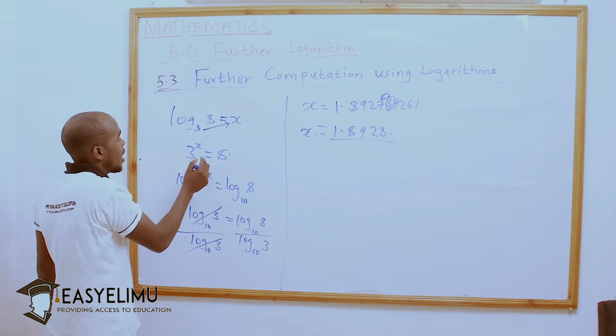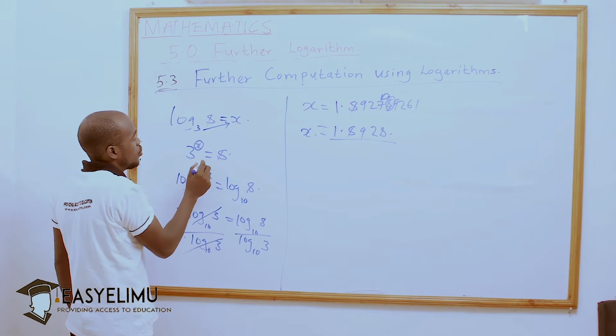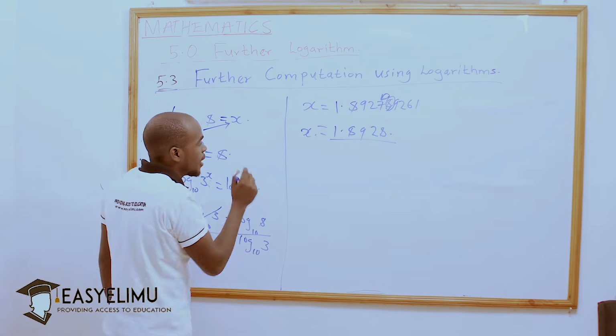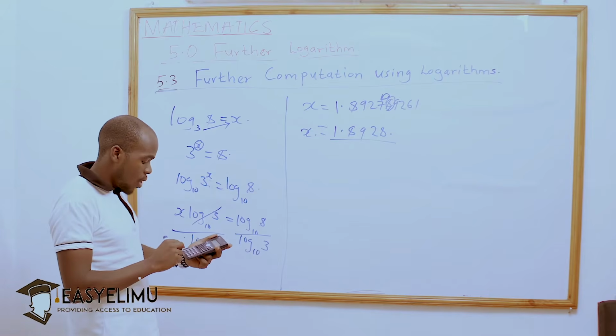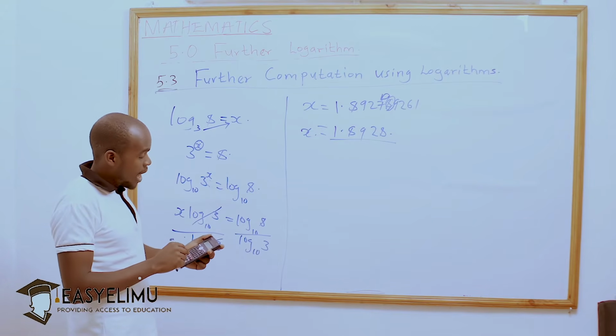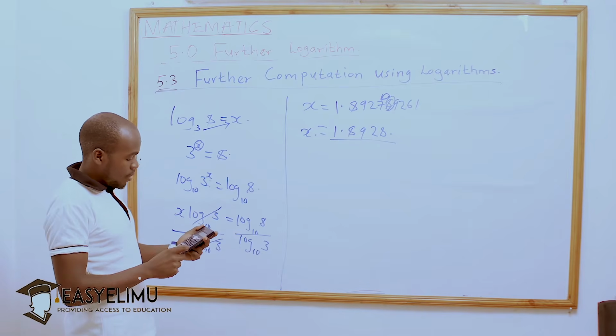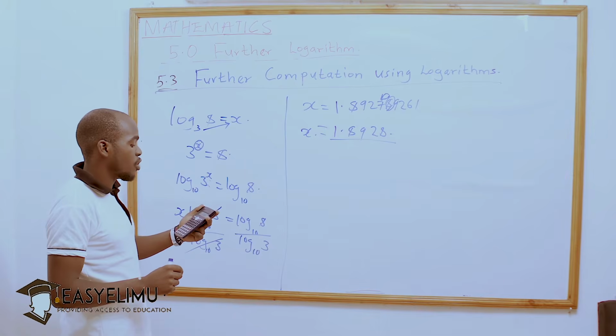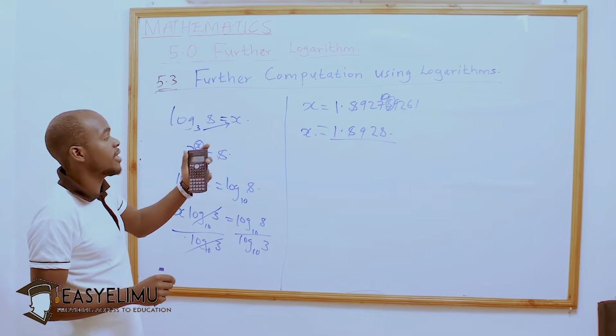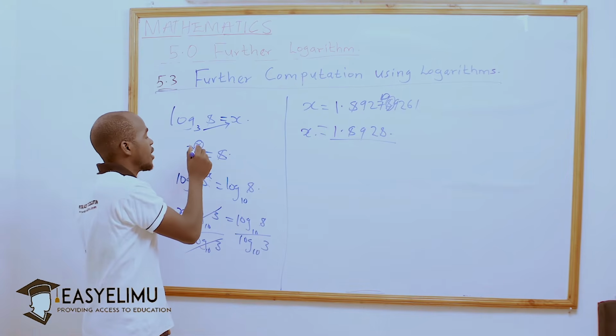If you substitute the value of x back, you are going to get 8. If you take 3 raised to 1.8928, you will find it is 8.000094, which if you round, you will find it is 8. So we have found the value of x.